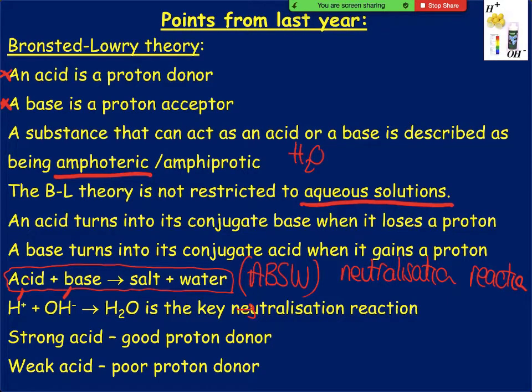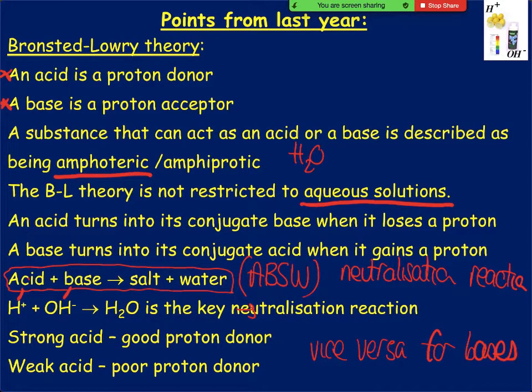And then just the last part of this is Brønsted-Lowry's definition of a strong acid: something that's a good proton donor. A weak acid is a poor proton donor, and vice versa for bases.